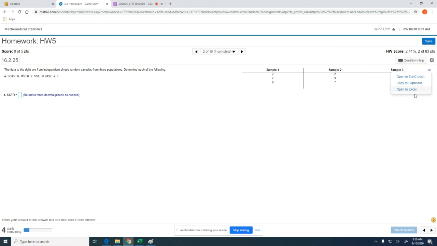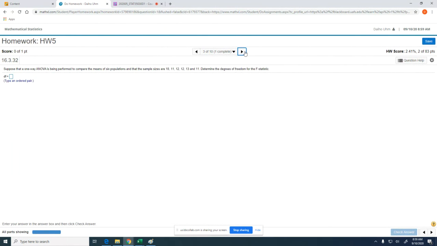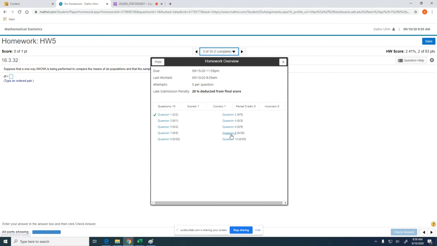If you want, you can use a small calculator, but I think Excel is better. So you can do more practice using Excel and take the SSTR and SSE and MSTR, MSE, right? And it's a similar one. It's how many degree of freedom, one by one.